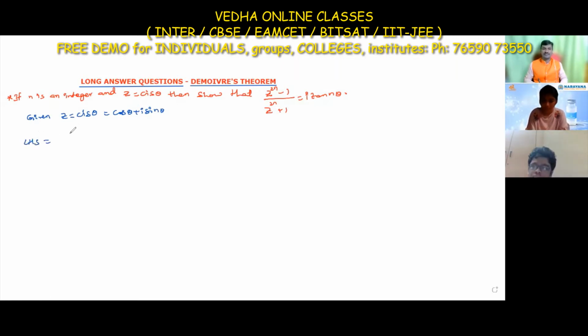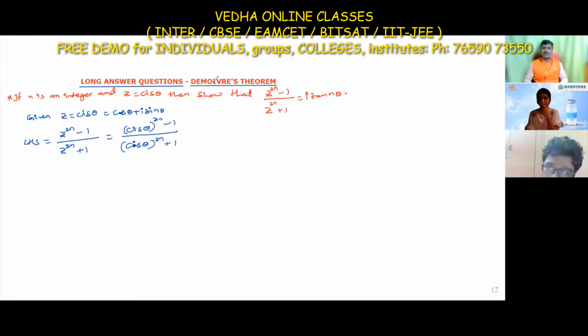LHS is equal to (z^(2n) minus 1) divided by (z^(2n) plus 1). What is z? Write the z value. z is nothing but cis theta, so (cis theta)^(2n) minus 1 divided by (cis theta)^(2n) plus 1.